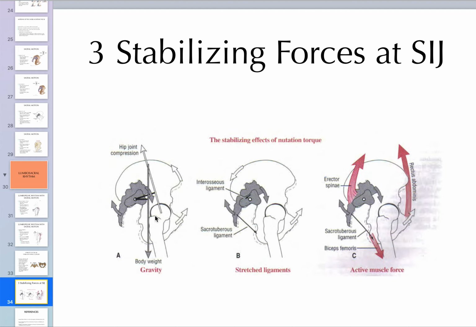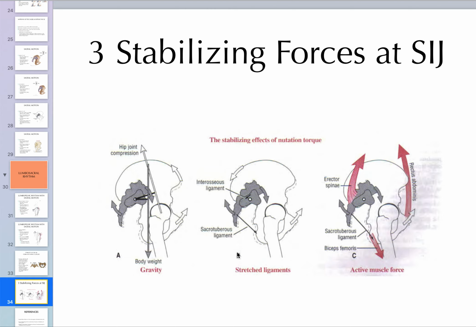Because the gravitational line runs anterior to the sacrum, it will create this flexion kind of force, right? The nutation force of the sacral base on L5 as well as the ilium. Okay, so gravity once again runs anterior to the sacral base and will create flexion forces or nutation forces on the sacrum.